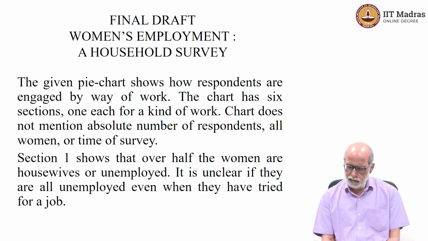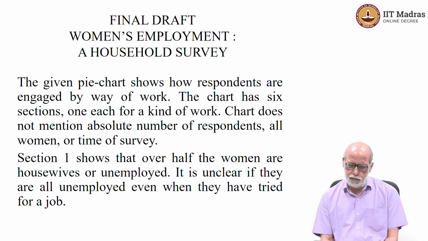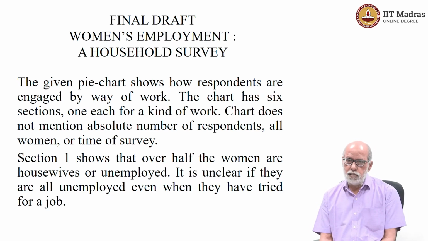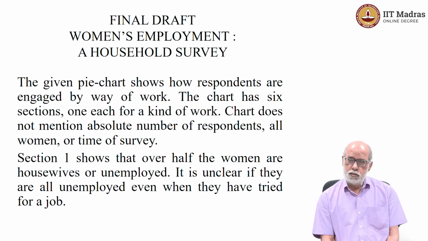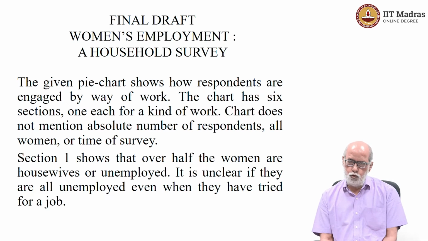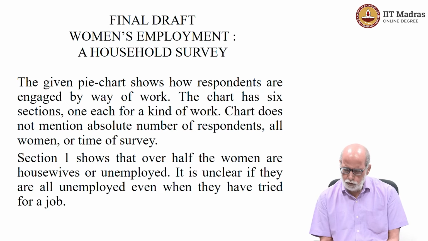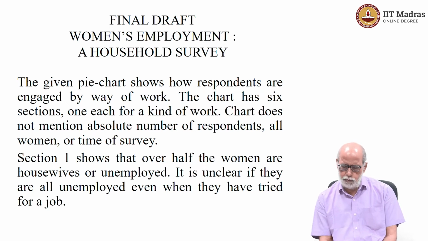It's another matter that their job is not recognized, but you, as a sensitive human being, all of us as university people, should learn to respect the kind of 24 into 7 job that those who stay home and allow themselves to be called housewives do. So it's not good to bracket them with the unemployed.